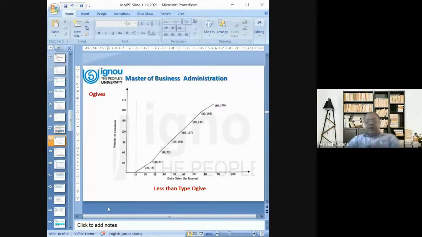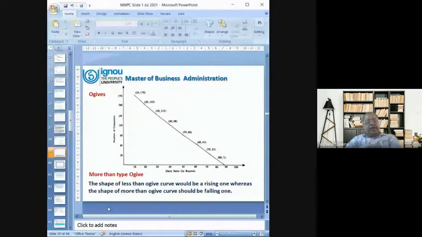This is your less than type ogive. It is starting from the x-axis and it is moving upward. And in more than, it is starting from the top and it is coming down onto the x-axis.